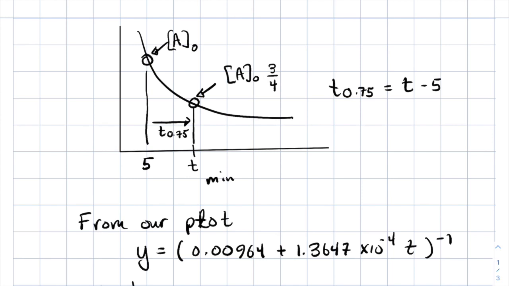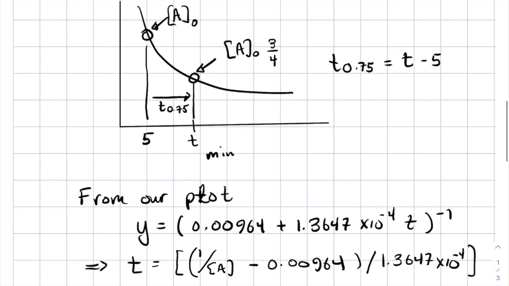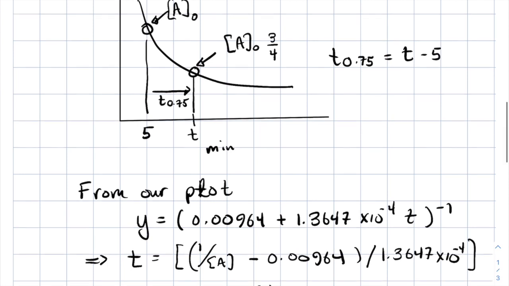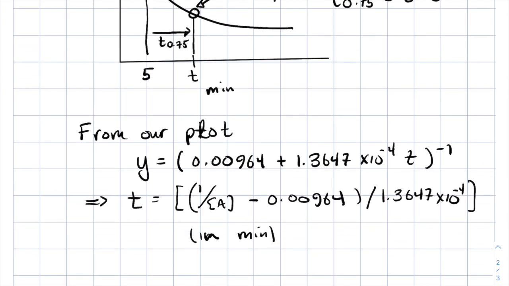The time is going to be 1 over our concentration minus 0.00964 divided by 1.3647 times 10 to the minus 4. And this is going to give our time in minutes. This is very specific to our plot.